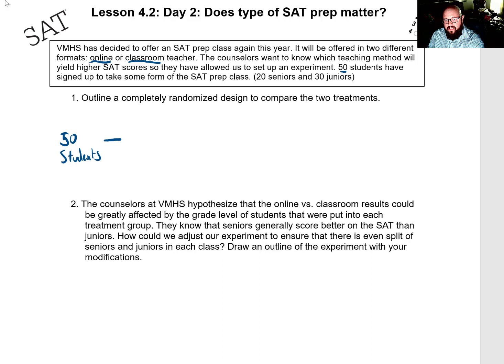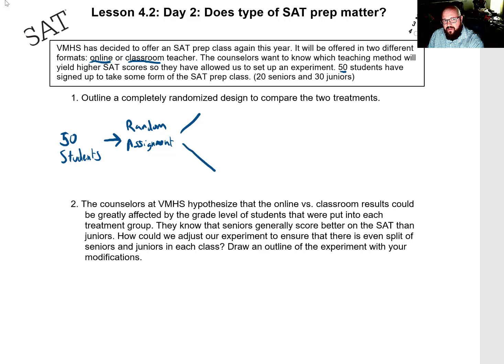Now, we're going to take these 50 students and we're going to randomly assign them. Random assignment. Alright, and out of this random assignment, of course, since we have 50, we want to split it into 2 equal-sized groups.